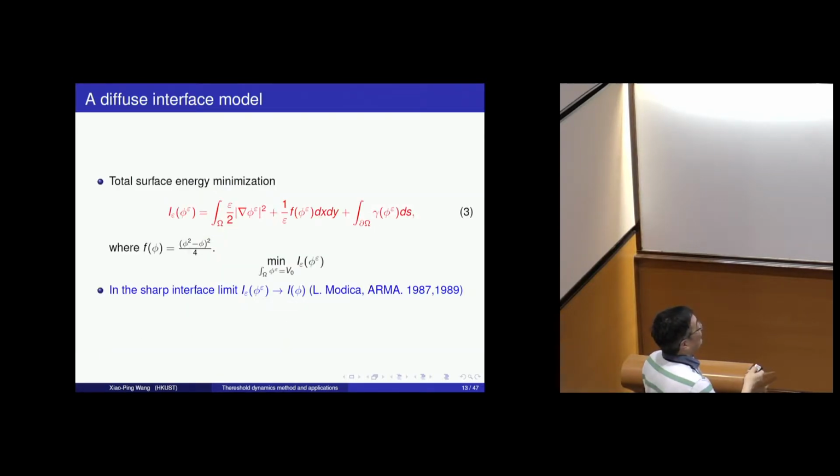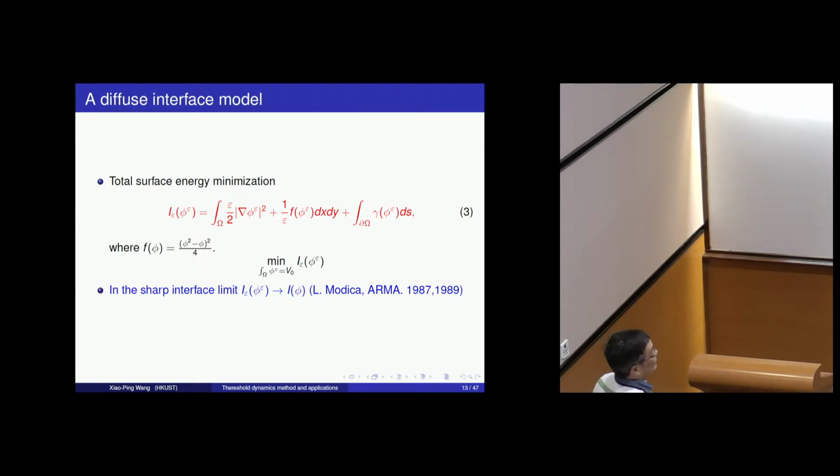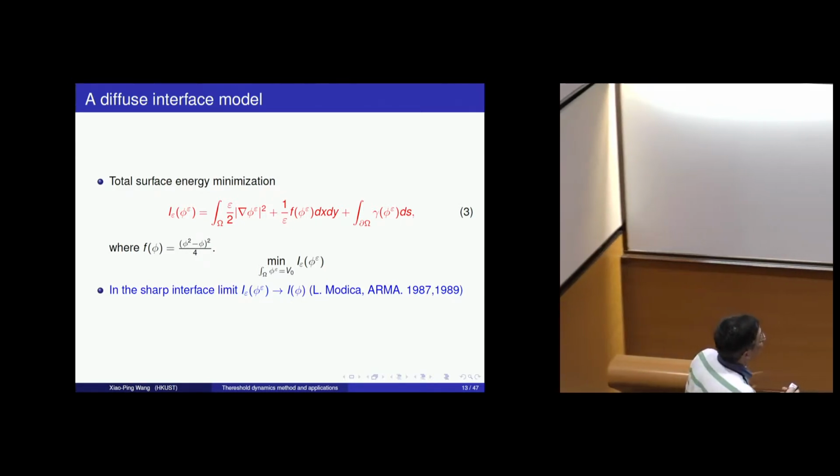But in this case, the problem becomes smooth. If you minimize this total interface energy, the problem is smooth. Therefore, mathematically it's easier, and numerically it's also easier because the problem is smooth.